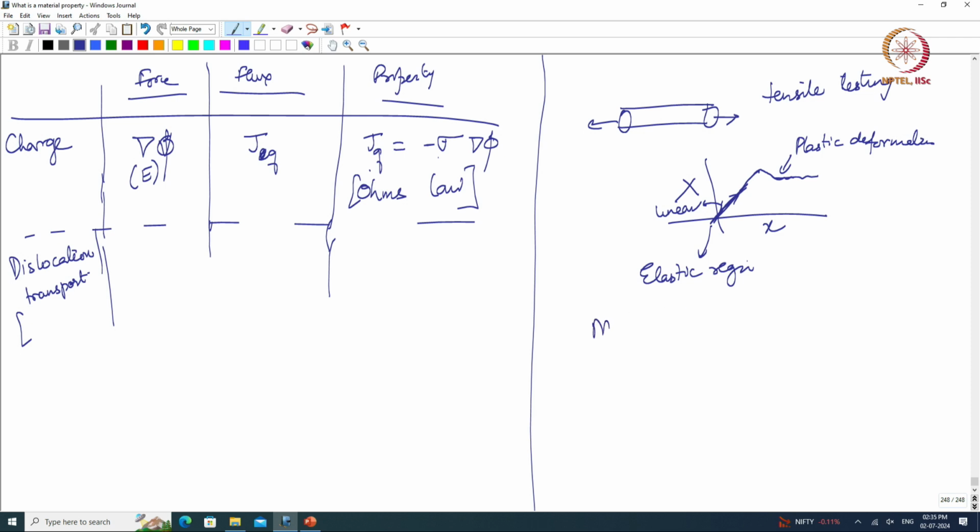which means the material will flow with application of stress. Material will flow means the strain keeps increasing, right. So, even at very small change in stress, right. So, stress is not increasing as much, right.